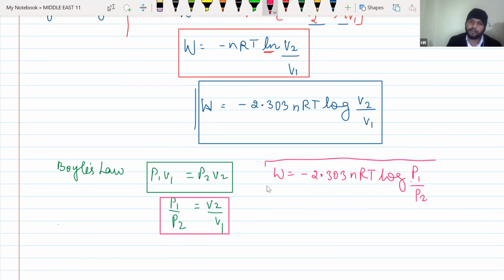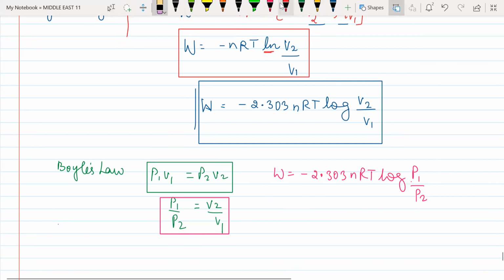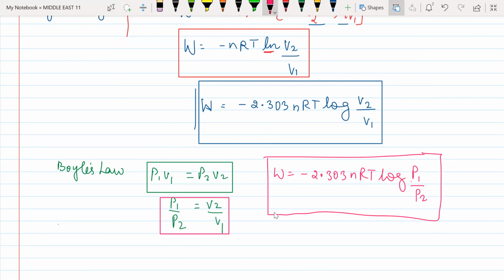In place of V2 upon V1, can I write P1 upon P2, yes or no? Yes, sir. So just write another formula with the help of Boyle's law.